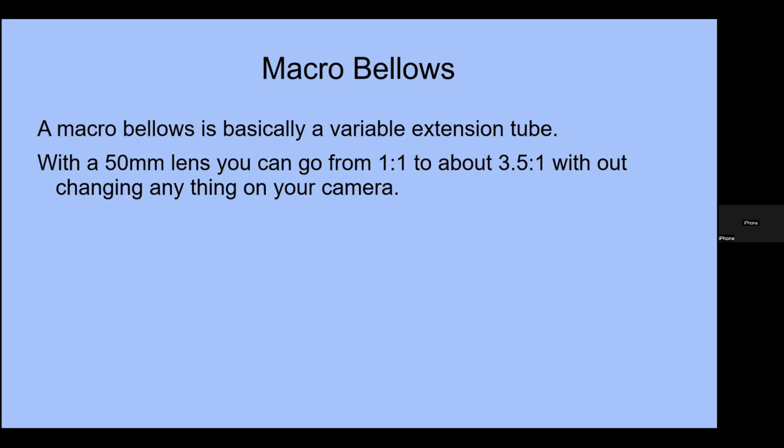This bellows is kind of nice in the fact that you get the magnification by moving your bellows in and out, and you focus by turning the whole camera and lens and everything. So that's your focus, and this is your magnification.